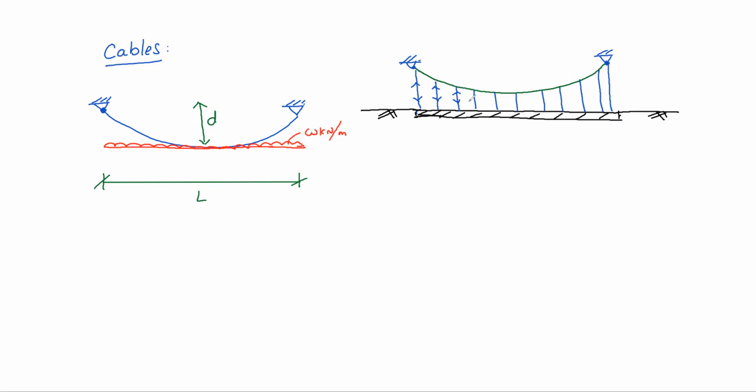Okay, the load will transfer to the cable, and finally ultimately the load will transfer to these supports. Okay, so side by side these suspension wire systems will be there, left side and right side. So finally the road will be completely suspended by this suspension system. So the cables can be used for suspension bridges.